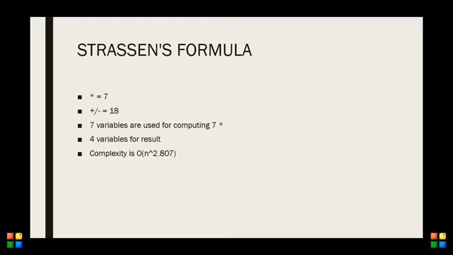So Volker Strassen devised this formula to reduce the time complexity, which is big O of n power 2.807 for this algorithm, and for the traditional algorithm it is big O of n power 3, that is n cube. In this algorithm we use 7 variables to calculate the 7 multiplications and 4 variables to compute the final result of the algorithm.